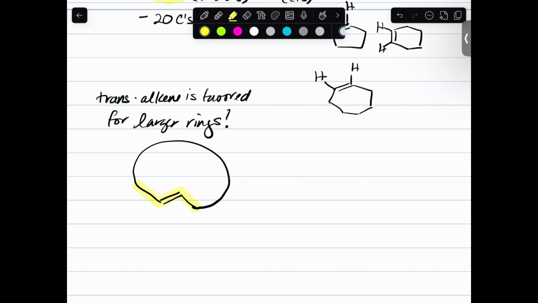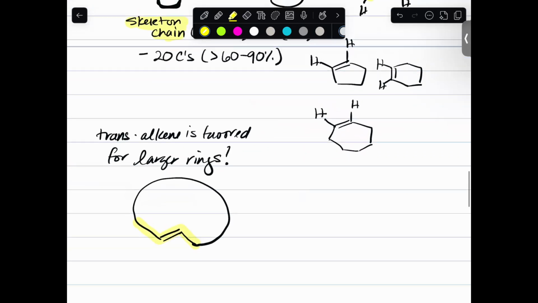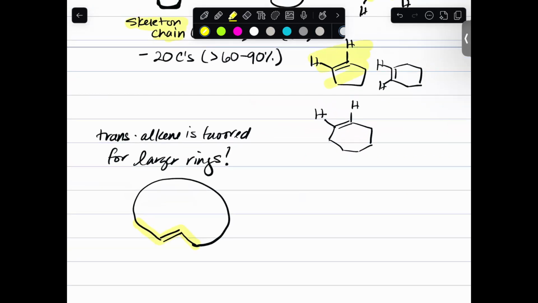And because it kind of gets lost, it now can form a trans isomer over a cis isomer. And we learned in Chem 24 that trans isomers are a lot more stable than cis isomers. So it makes sense, right? The bigger the ring, the more likely you're going to form the trans isomer. The smaller the ring, the more locked it is, and the more the cis isomer is going to be favored.